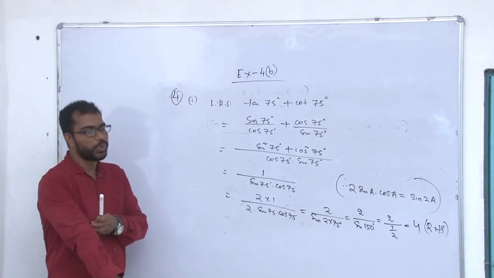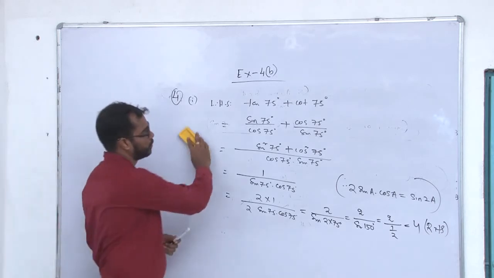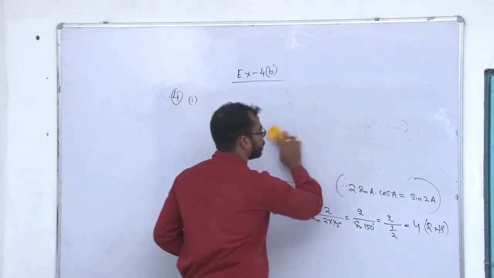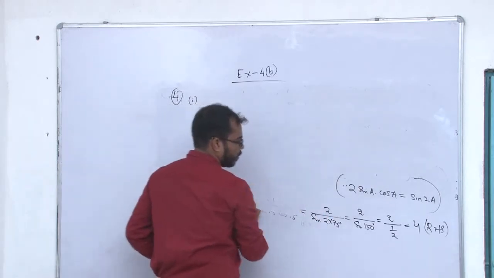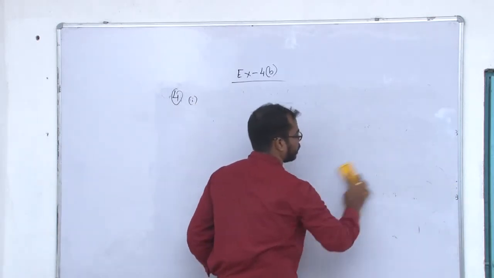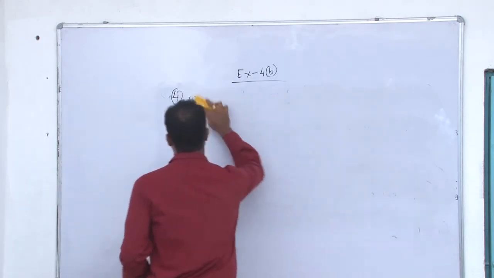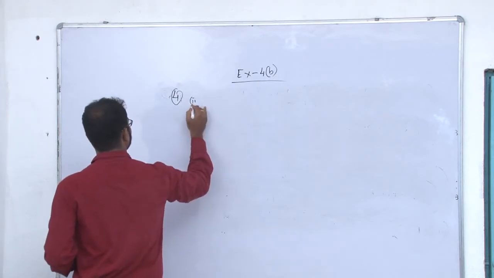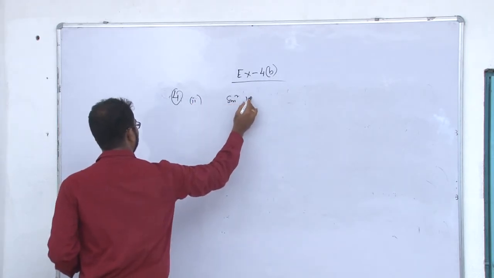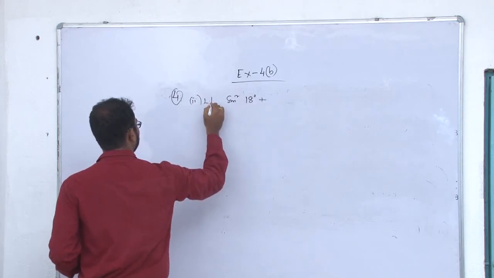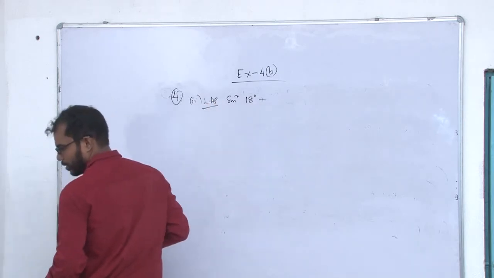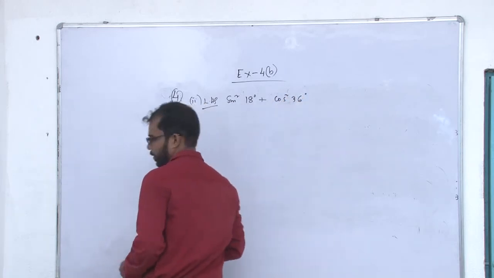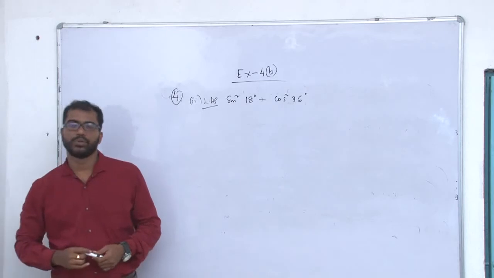proceed to question number 2, the second part, which is sine square 18 degree plus cos square 36 degree is equal to 3 by 4.